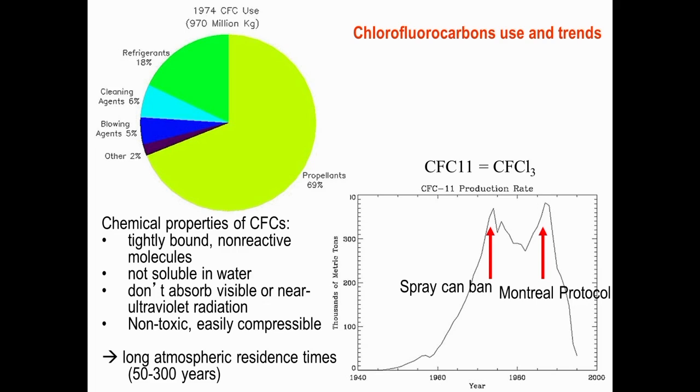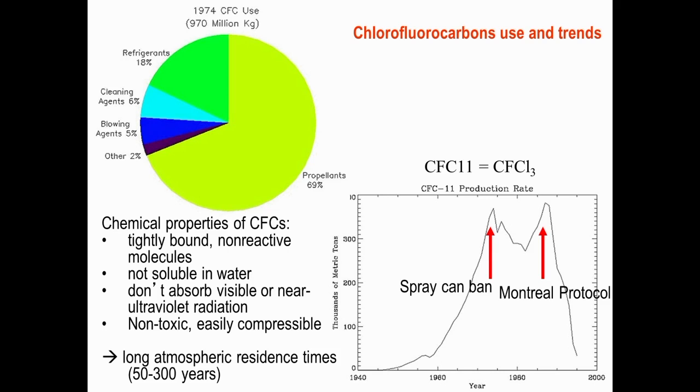Not rockets. Spray cans. So it's for deodorants and paints. Propellants, so it propels the product out of a can. So nearly 3/4 of CFCs were used in spray cans.